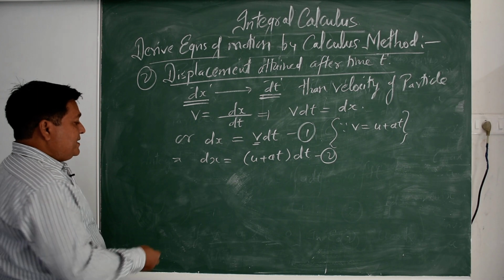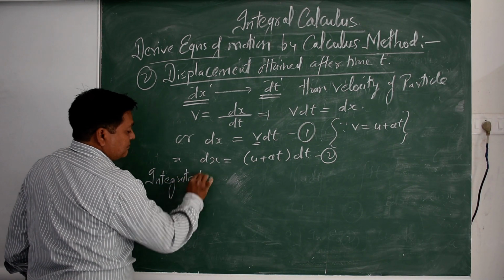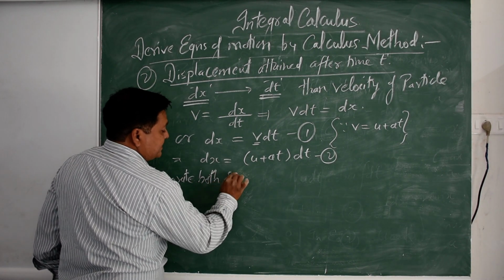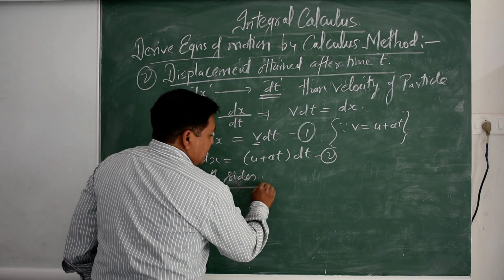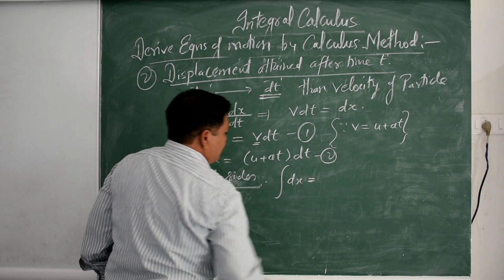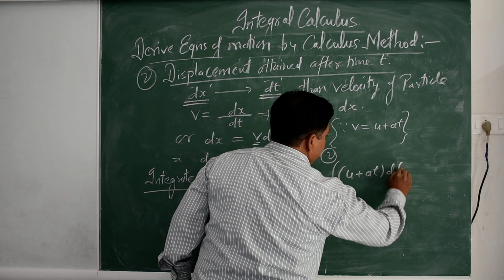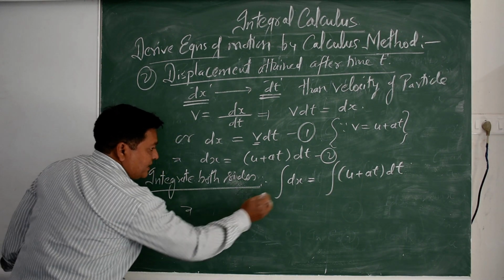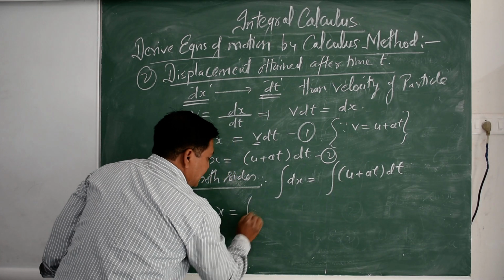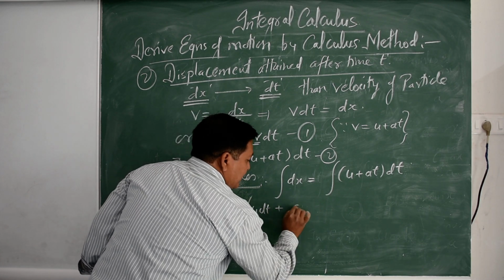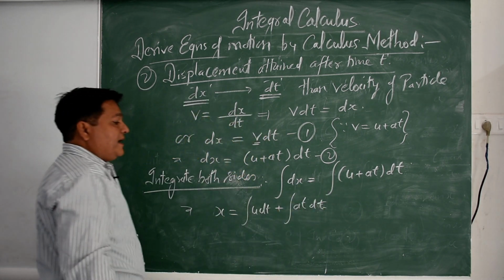Integrating both sides of equation number 2: integration dx is equal to integration of u plus at into dt. Finally, what do we get? Integration of 1 dx is equal to x. Now here we have to integrate u dt plus integration of at dt separately.